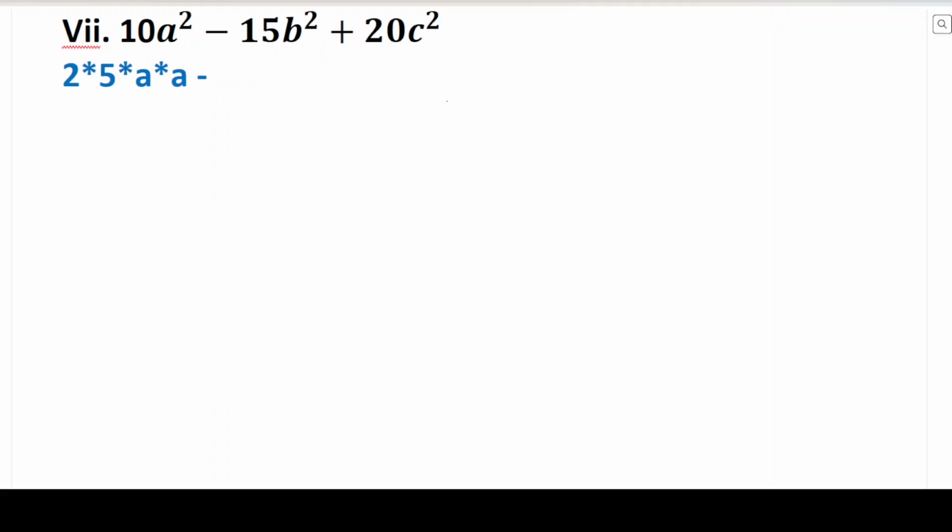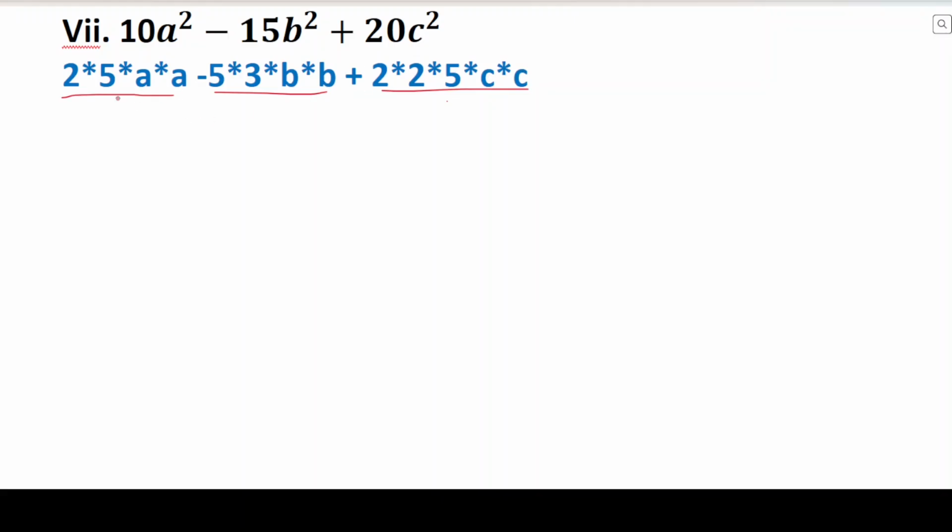Minus 15, 15 we can write as 5 3s are 15. b square we can write as b into b. Plus 20, 20 means 2 into 2 into 5. c square we can write as c into c.